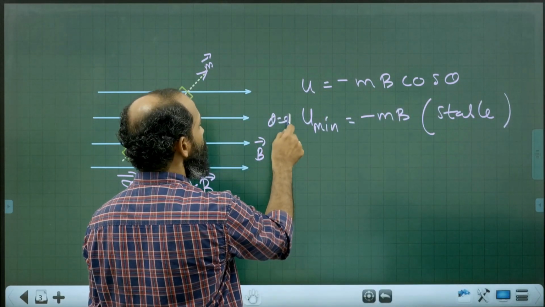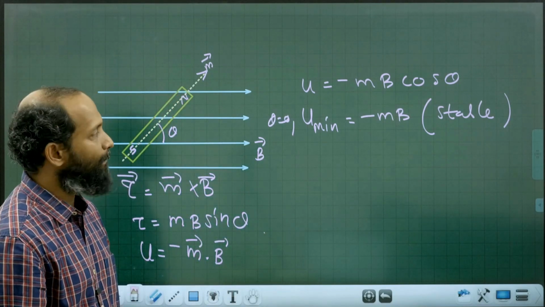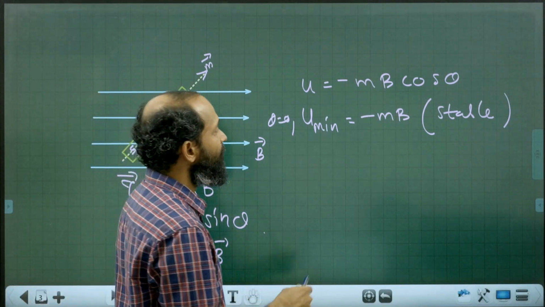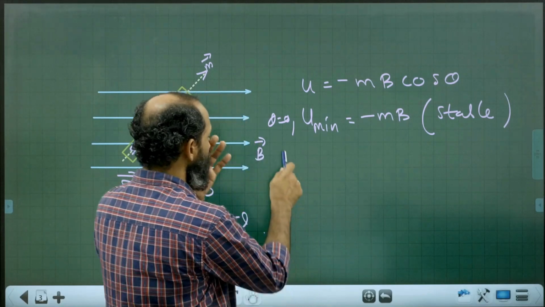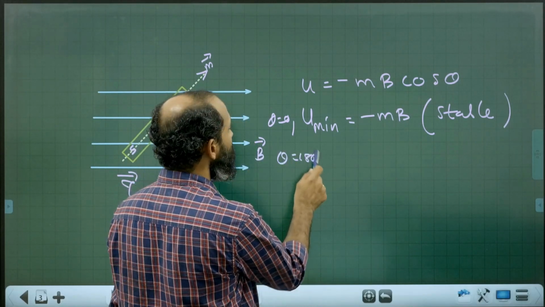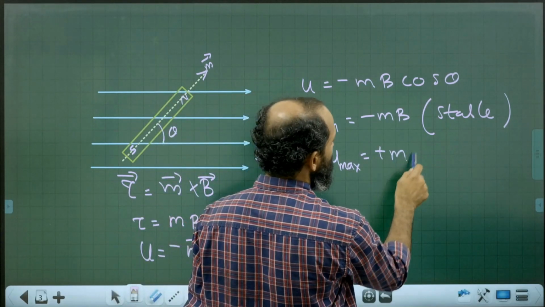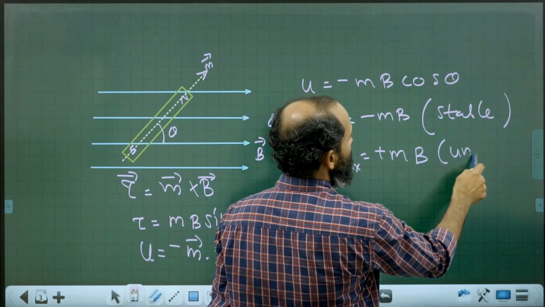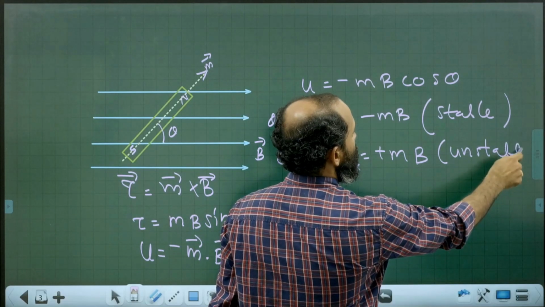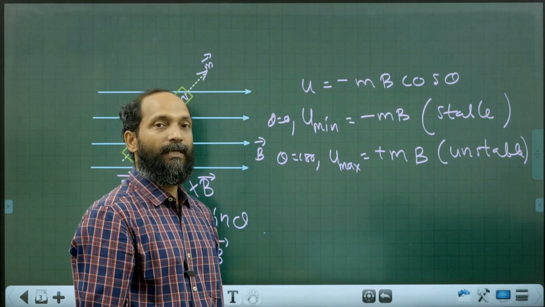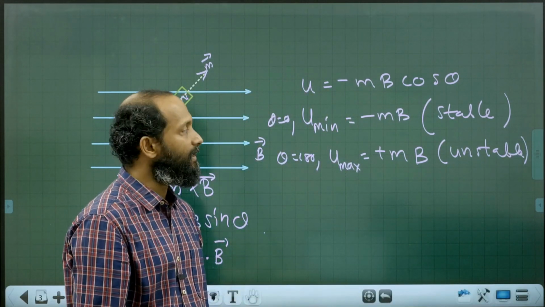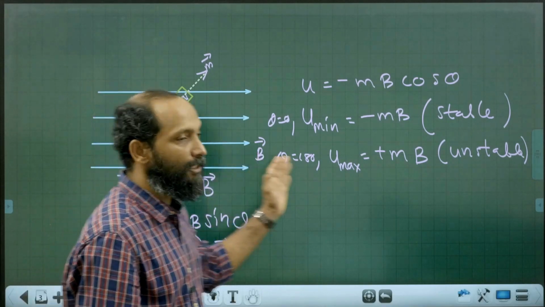When theta is equal to 0, the dipole is in stable equilibrium, where it possesses minimum potential energy, but at theta equal to 180 degrees, the potential energy is maximum, which is plus mB, which is called unstable equilibrium.